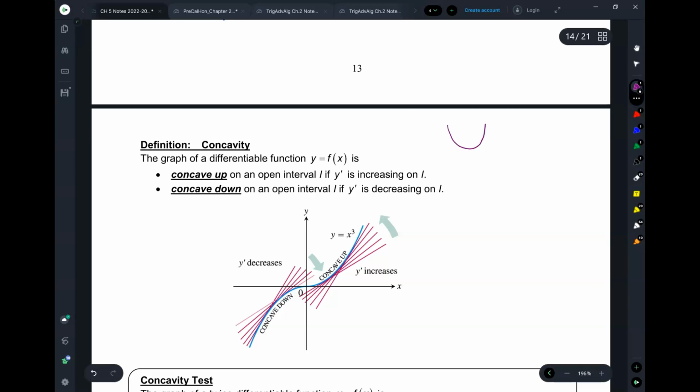Basically, if you have a container, you see how this is kind of right side up, and this is kind of upside down? That's what concavity is. If you take a look at this one, how it's right side up, you see how they kind of cave up? We call this concave up.